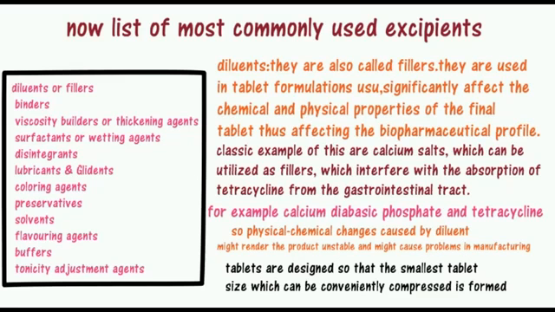So diluents or fillers are added to make a bulk up to 120 mg or 130 or 170 mg, so that a tablet can be easily compressed. So here we add diluents or fillers to make the bulk.